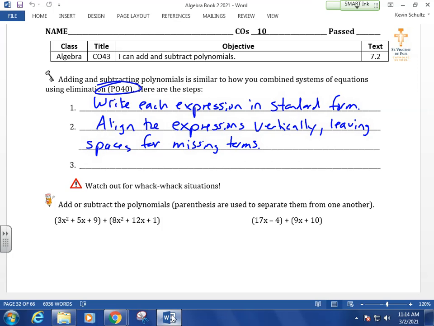And that phrase missing terms, I'll get back to exactly what that means in a little bit. So align the expressions vertically, leaving spaces for the missing terms, if there are any. And then step three is add or subtract, depending on what the operation is telling you to do.